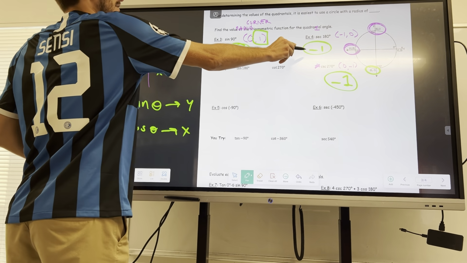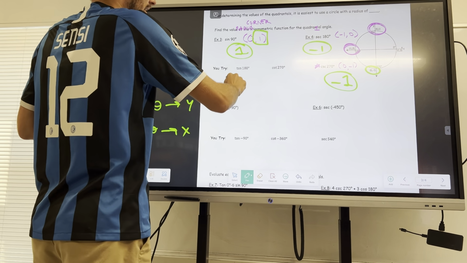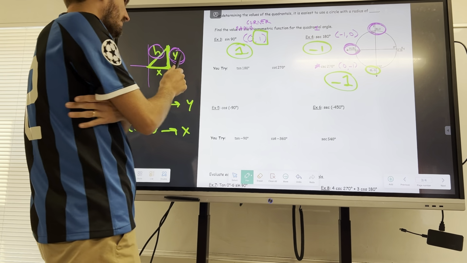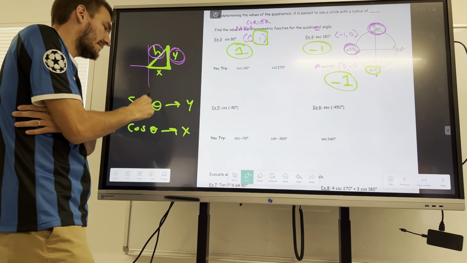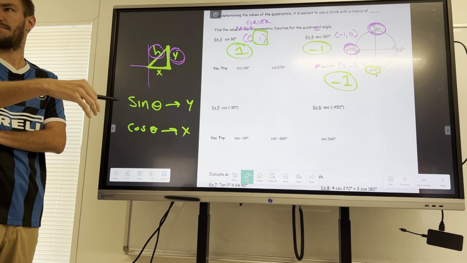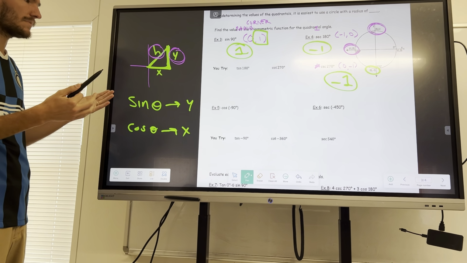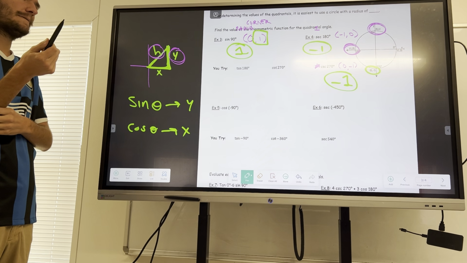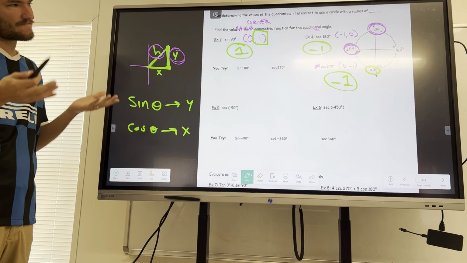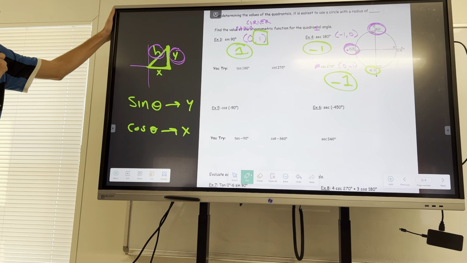Right before we left, we talked about that -1. Let's do tan and cotangent. Sine and cosine deal with y's and x's. Tangent and cotangent are not like that.